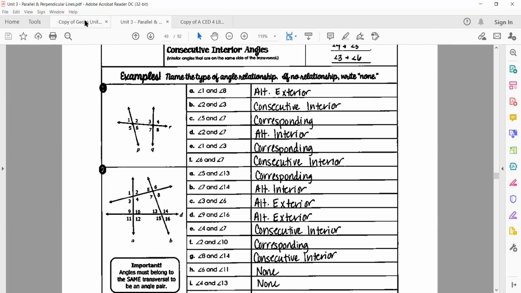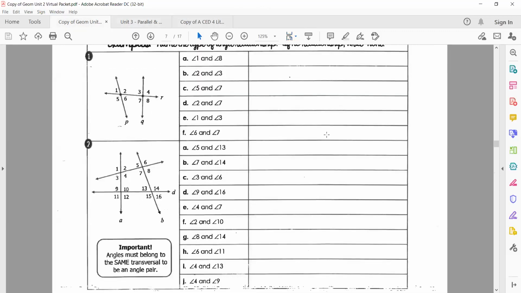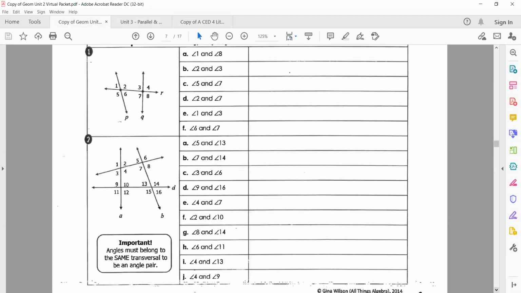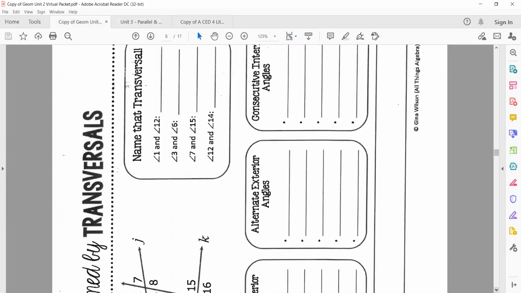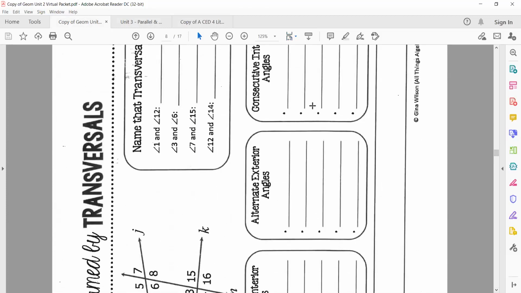Questions, anybody? Okay, the next page is another one of these graphic organizers.